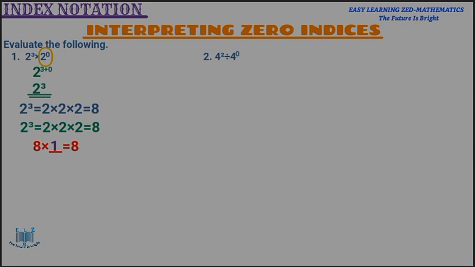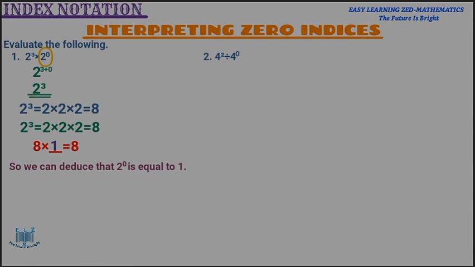According to this expression and the way the law of indices works, we can deduce that 2 to the power 0 is equal to 1. If you have questions, you can ask them in the comment section.